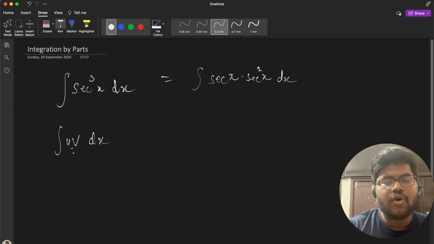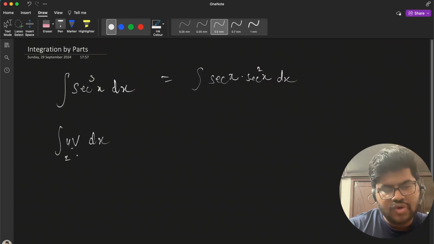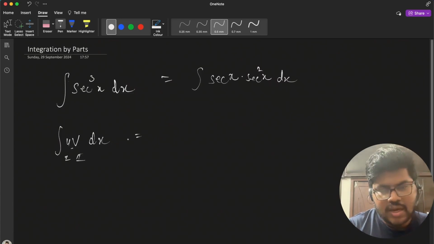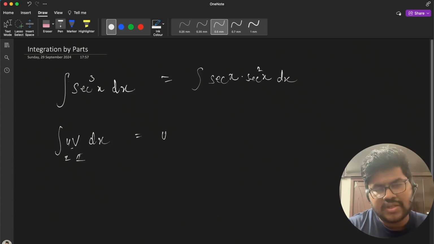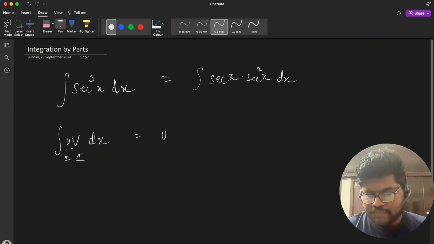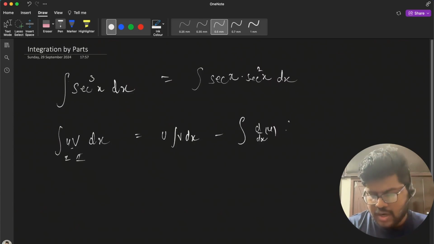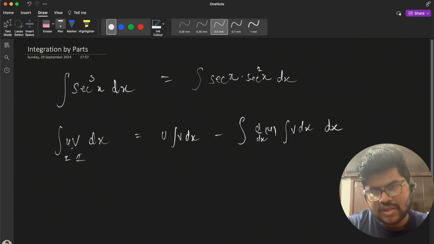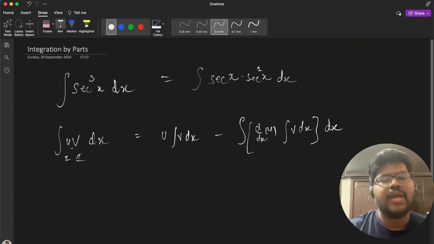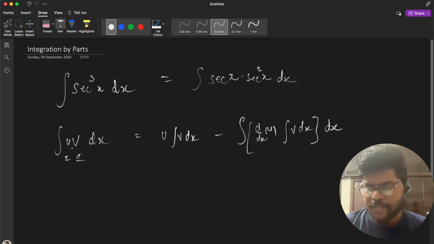This rule states: if I consider u as the first function and v as the second function, then the first function remains the same, then the integration of the second function with respect to x, minus the whole integration of the differentiation of the first function times the integration of the second function, dx. This is known as the integration by parts rule.